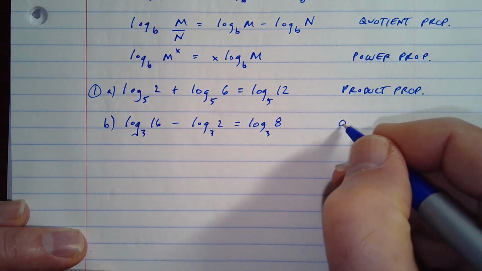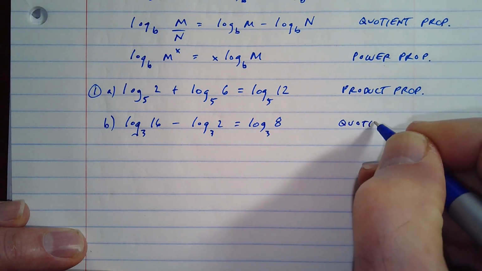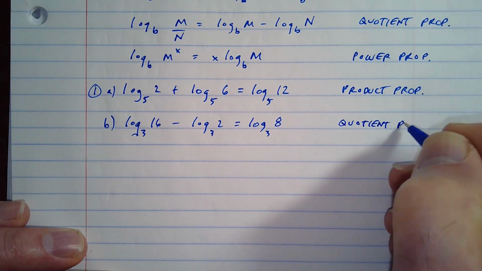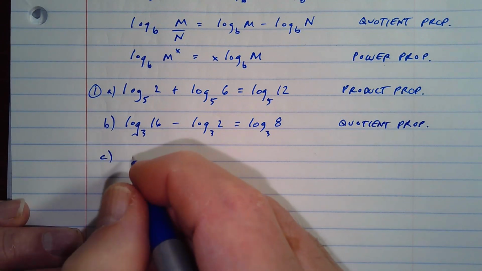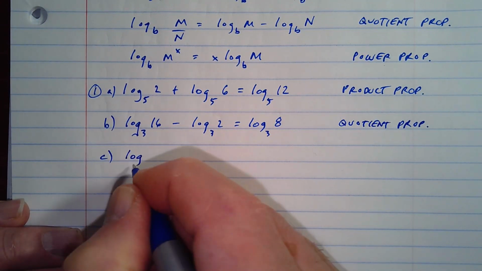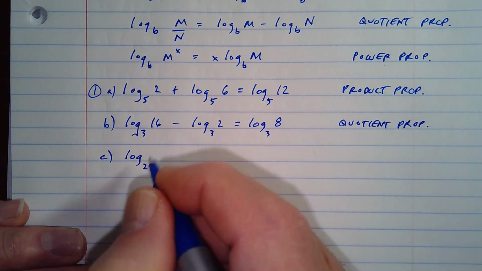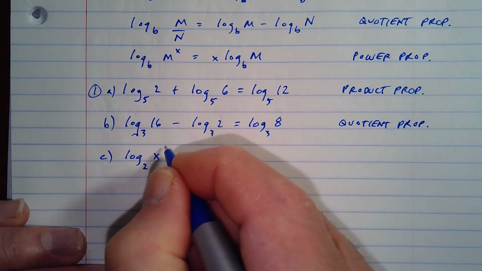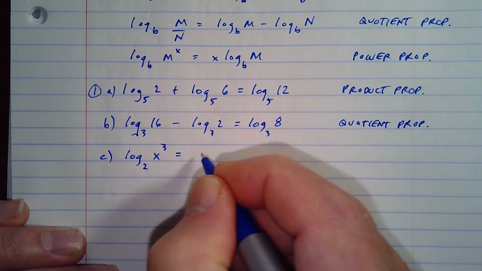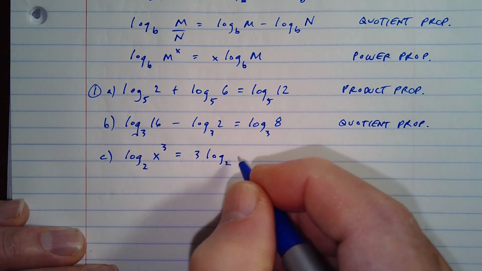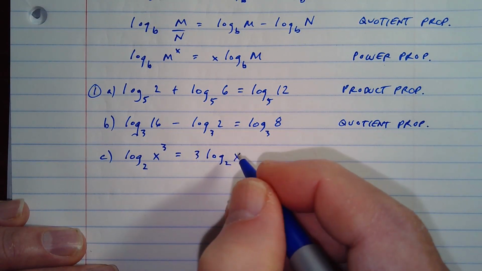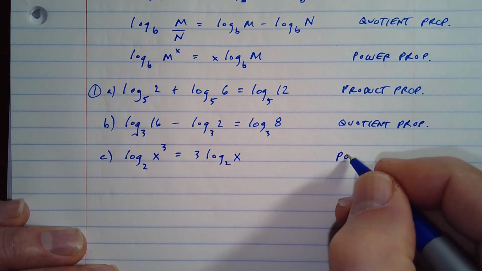That confirms this is the quotient property. Third example, you might guess now, I've got log base 2 of x to the third, and now I'm saying that's the same thing as 3 times log base 2 of x. And that's our power property.